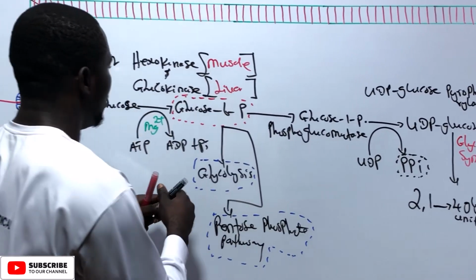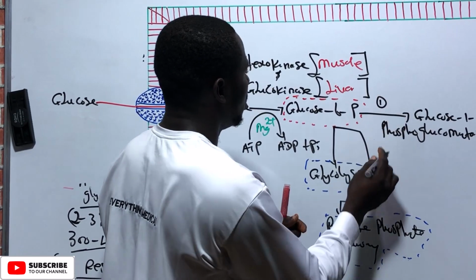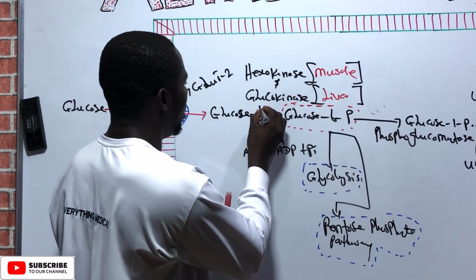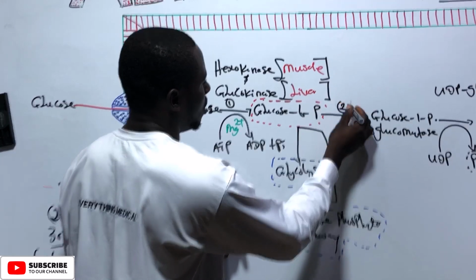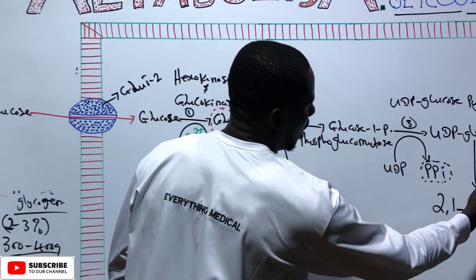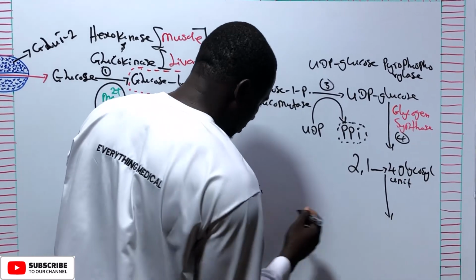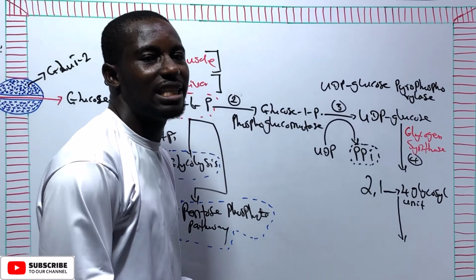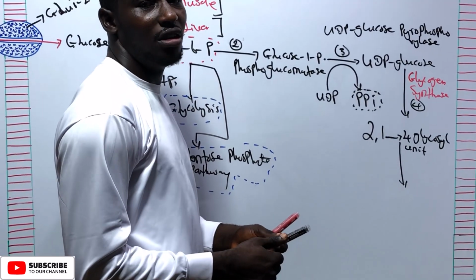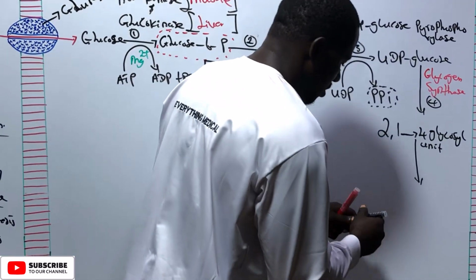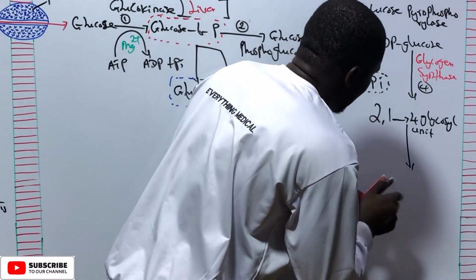So here is our step 1. This is step 1, this is step 2, this is step 3, and here is step 4. So move over to our step 5. Step 5 is catalyzed by a branching enzyme, which forms the branch chain of glycogen.